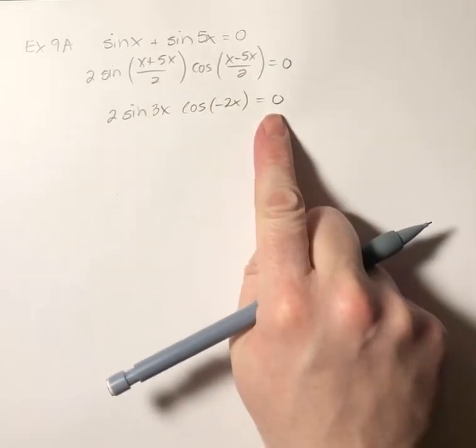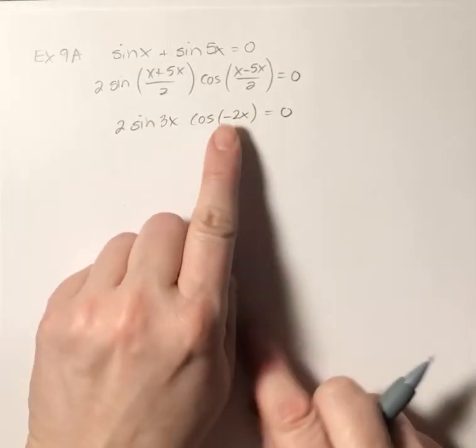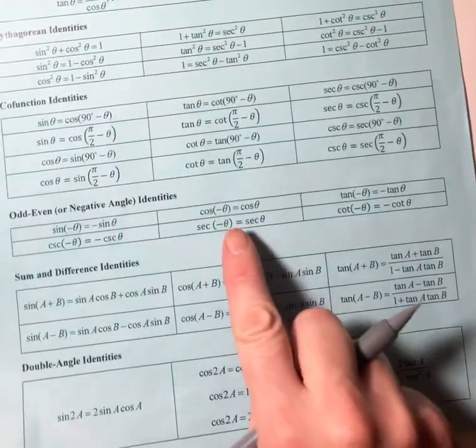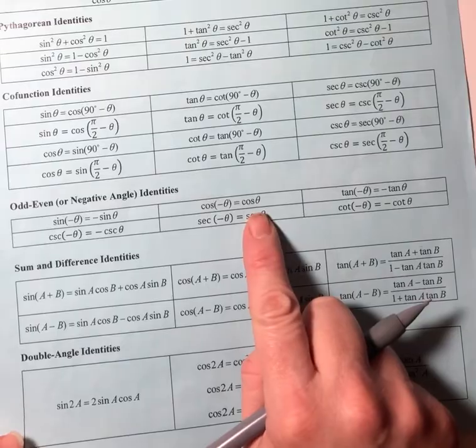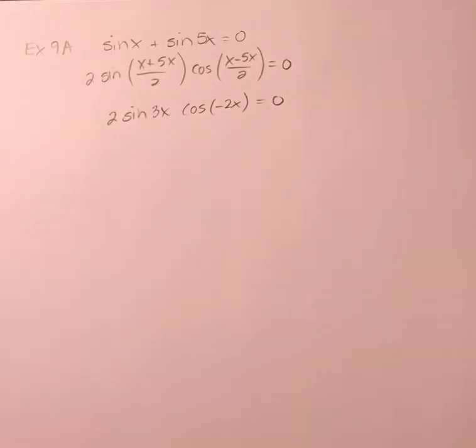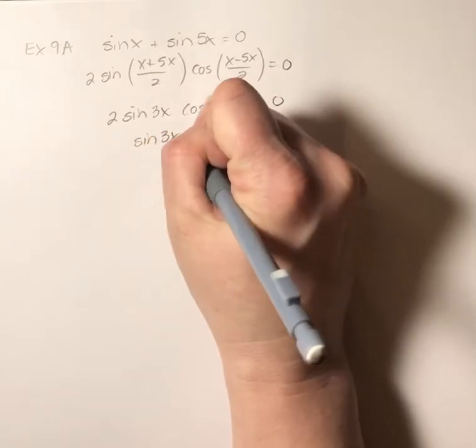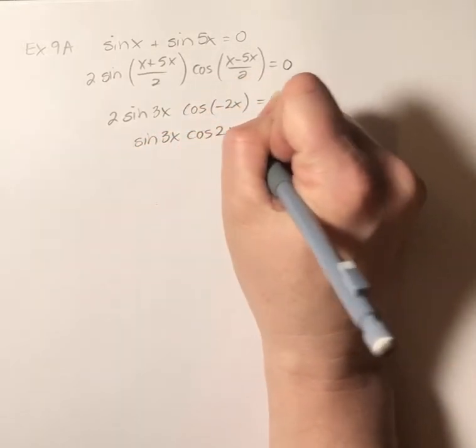I can divide both sides by 2, so that's gone. And my cosine of negative 2x is the same as my cosine of 2x. So I've got the sine of 3x times the cosine of 2x equals 0.